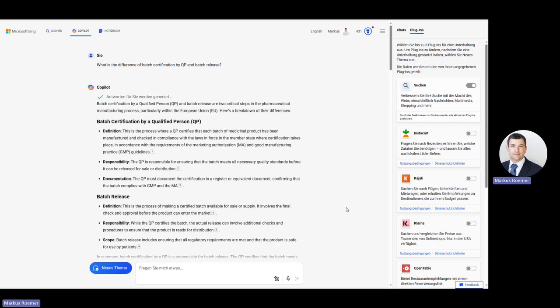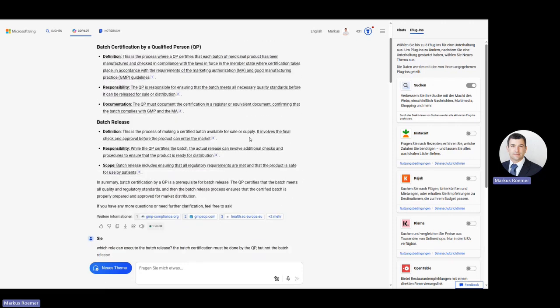So the batch release here is the process of making a certified batch available for sales or supply. In simple terms, that could be in an ERP system where you change the status from quarantine to available, approved, whatever, so that this batch can be taken out from stock and can be delivered to pharmacies, to GDP sales and so on.